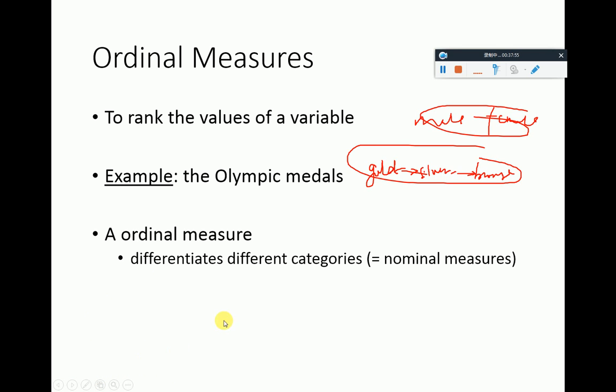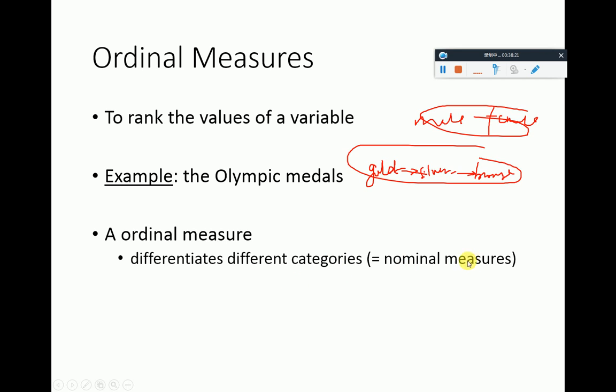So, to recap what we just said: an ordinal measure will fulfill the same function, will provide the same information as a nominal measure, by distinguishing between different states, between different categories, right?